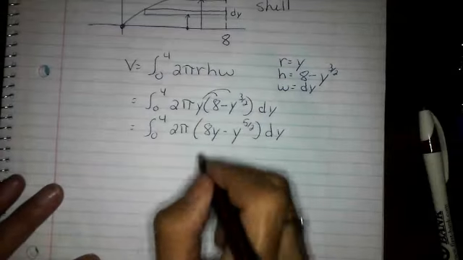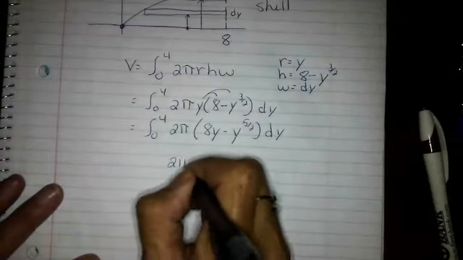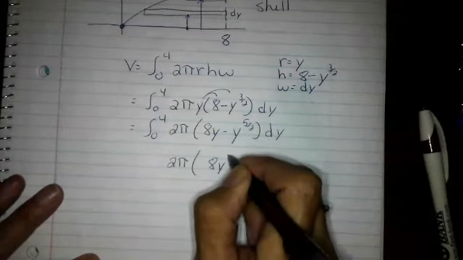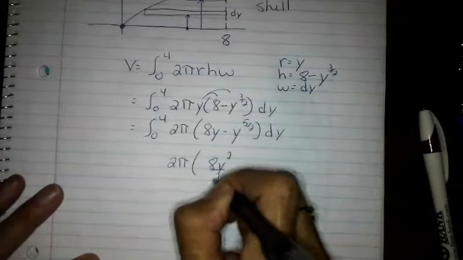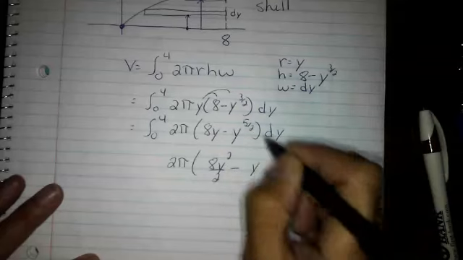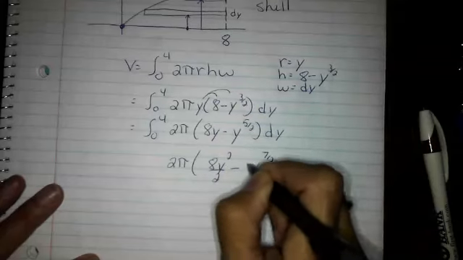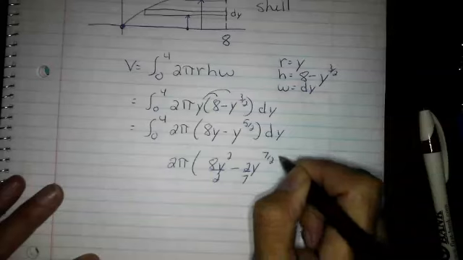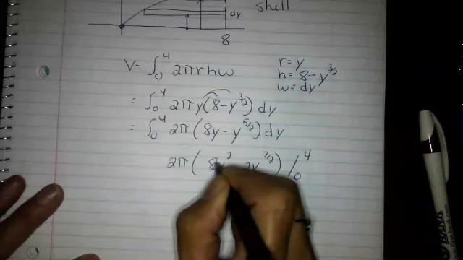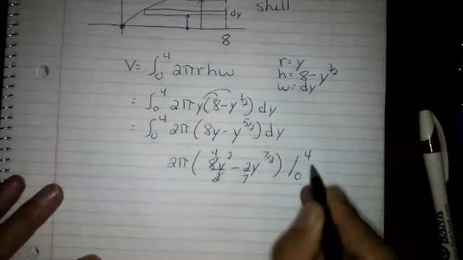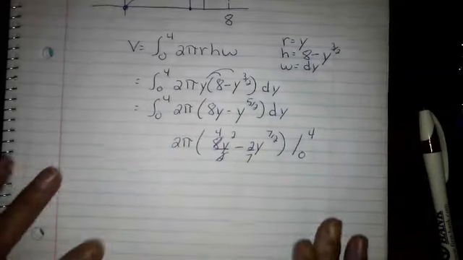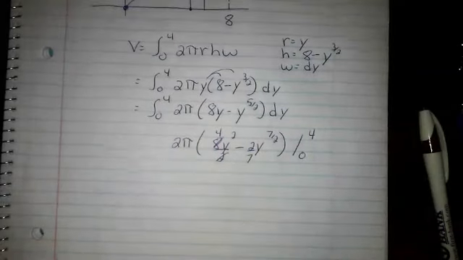So going here, carry along the 2 pi. 8y squared over 2, that'll be 4, minus y to the 7/2 times 2/7, evaluating from 0 to 4. I'm just going to make that a 4. And it's just a matter of plugging 4 in here because 0 is going to 0 out. And that will be it.